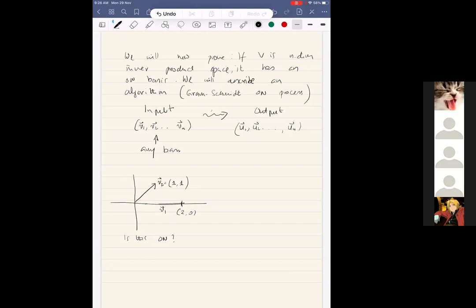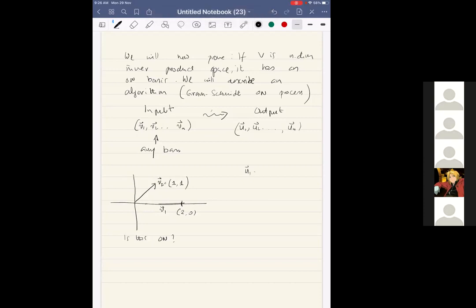So I take the first one, V1, and its basic problem is that its length is not 1. So what is the least amount of work I can do to make its length 1? Scale it appropriately. So you just define U1 to be, by definition, V1 divided by its length.